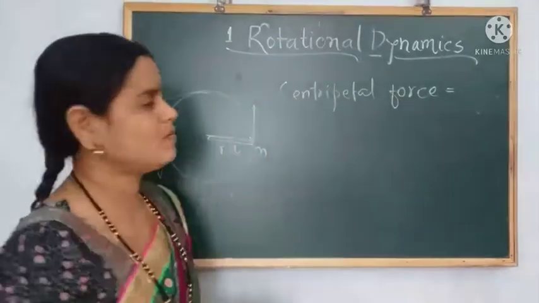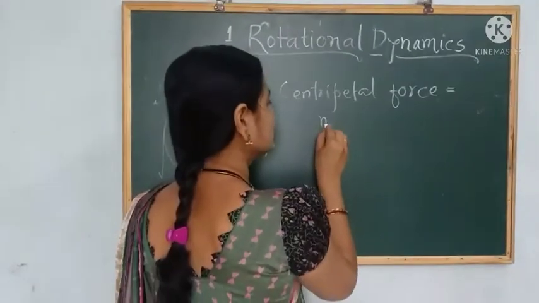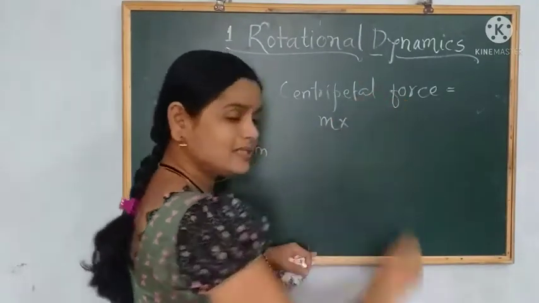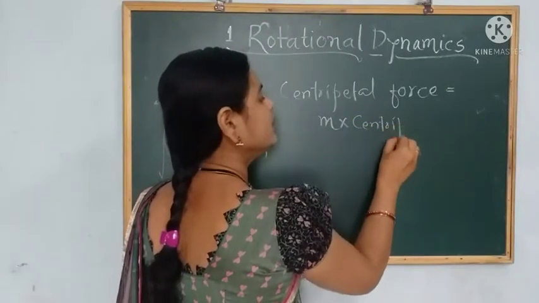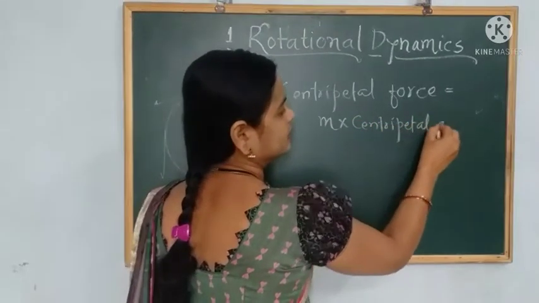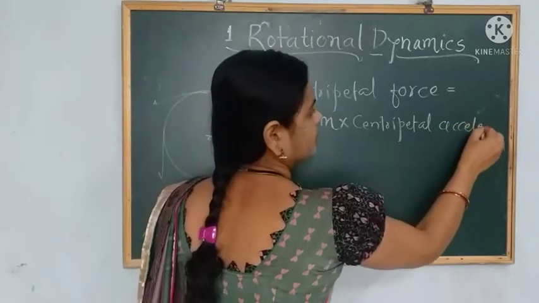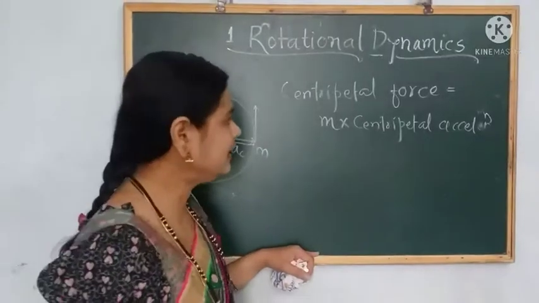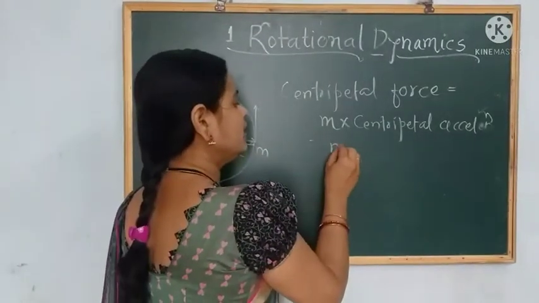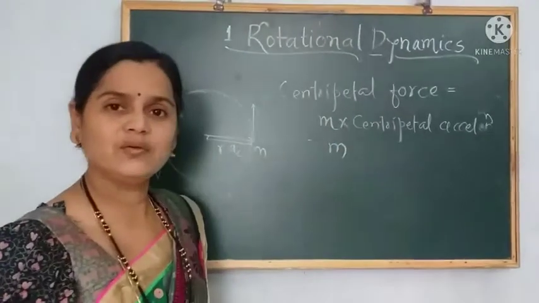Force is the product of mass into acceleration, and thereby mass into which acceleration? Nothing but the centripetal acceleration. What is the magnitude of this centripetal acceleration we have seen?